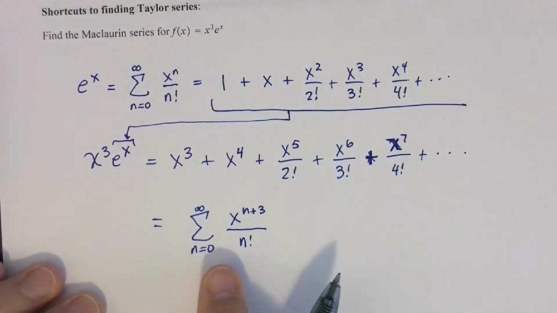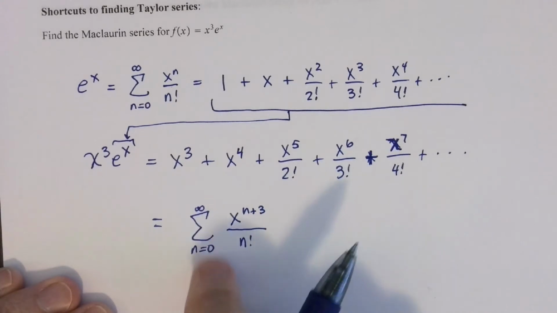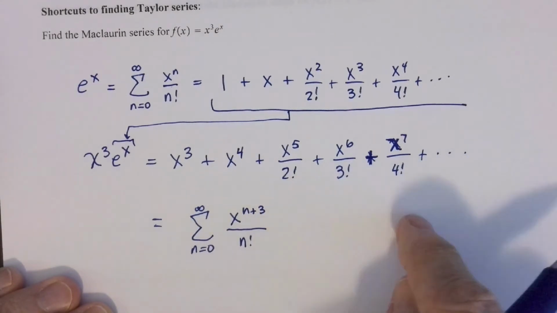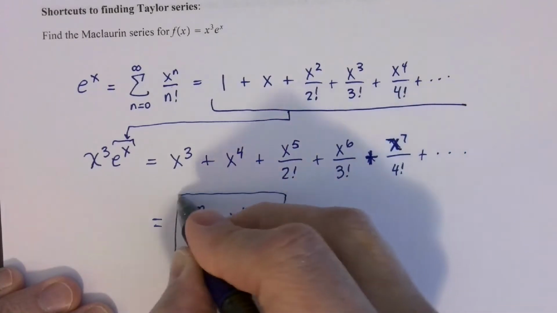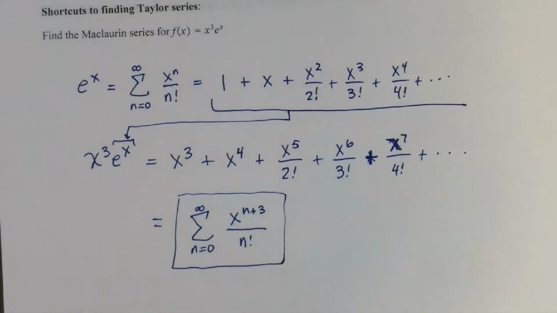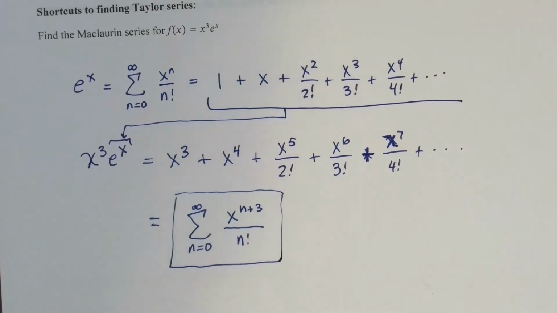I'll have you check that when n equals 0, you get x cubed. When n equals 1, you get x to the 4th. When n equals 2, you get x to the 5th over 2 factorial. When n equals 3, you get x to the 6th over 3 factorial, and so on. So there is the Maclaurin series for x cubed times e to the x. So instead of going through it all the way, we can use what we've already derived, since we've already derived the Maclaurin series for e to the x.